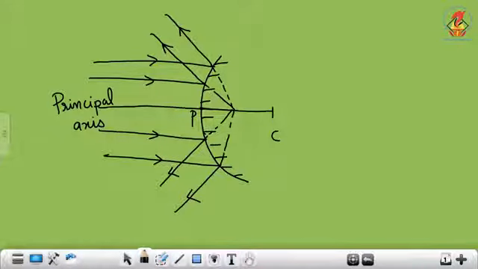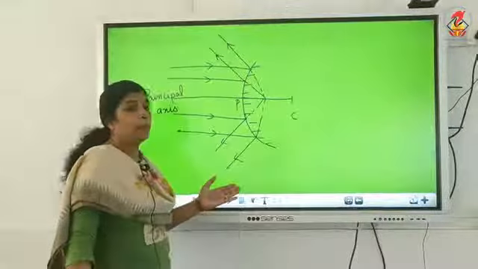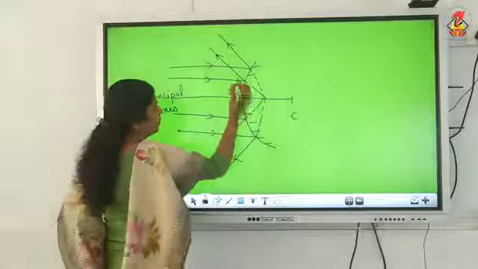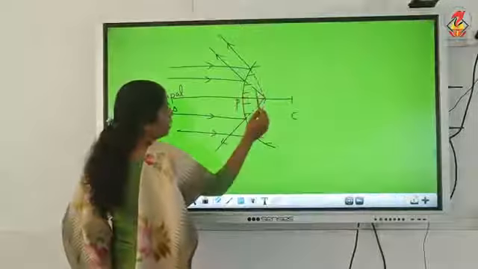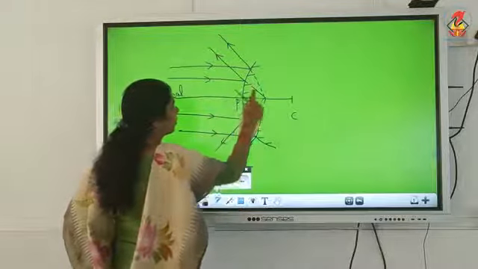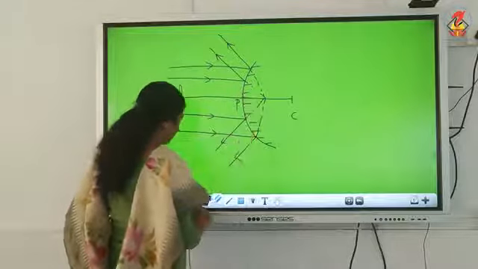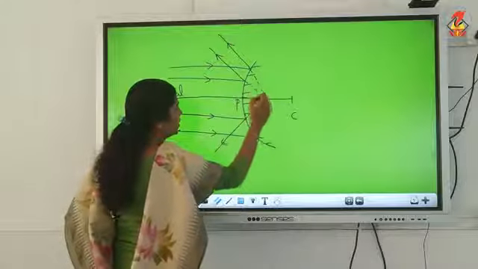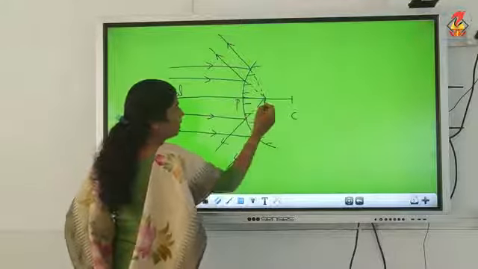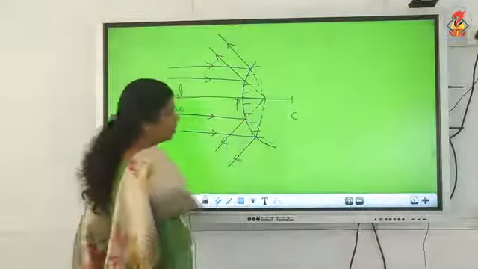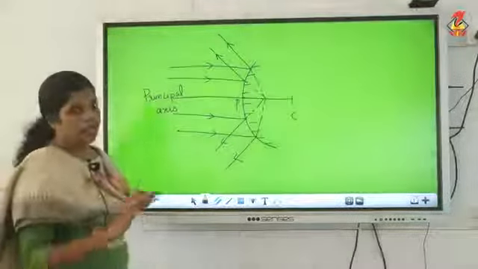When you draw it using a pencil and scale, the reflected ray and this dotted line, which we are backtracing, should be in a straight line.